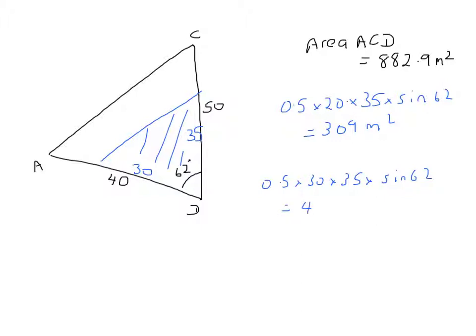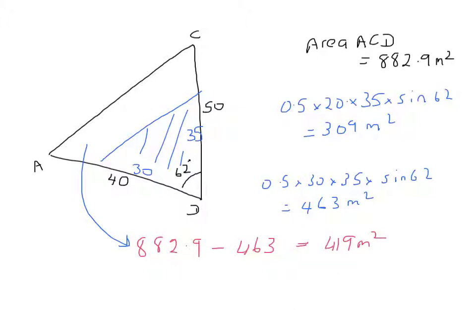The area is going to be 463 metres squared. Now that should be fine. I want to find this area out. The total triangle is 882.9. Take away 463 equals about 419 metres squared.